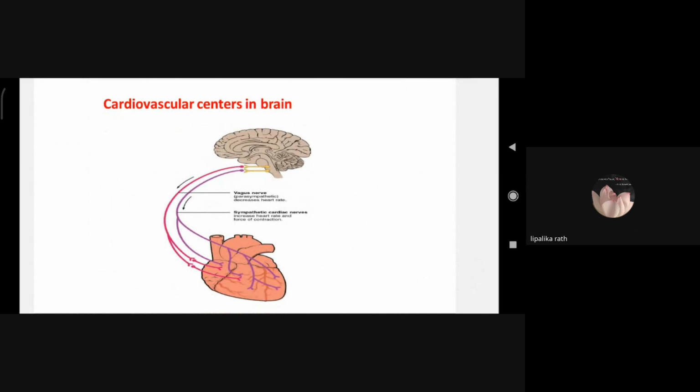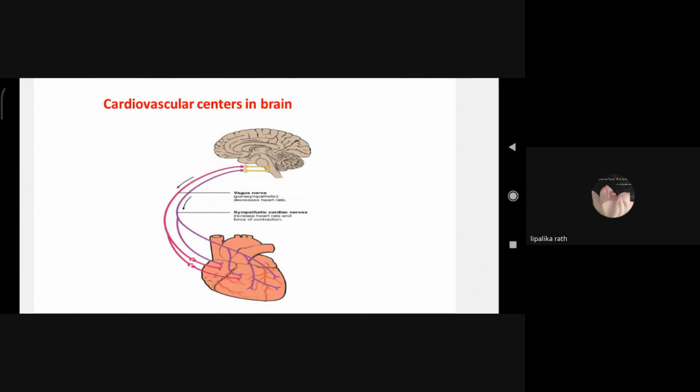So we have discussed earlier that the vagus nerve is the 10th cranial nerve which comes down crossing your neck. This is the only cranial nerve, the 10th cranial nerve, vagus nerve, which comes down crossing the neck.